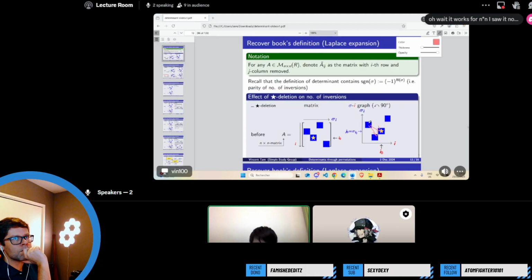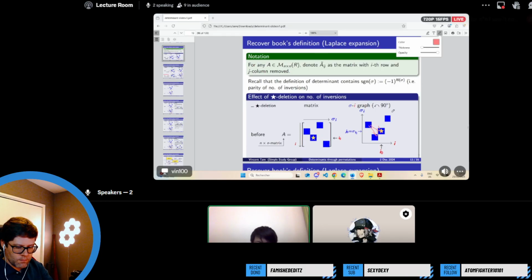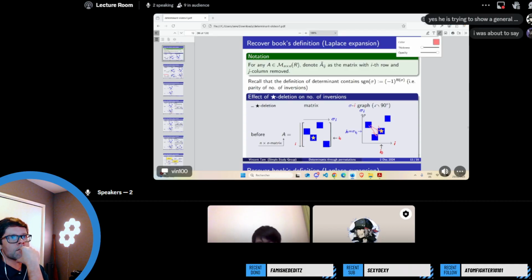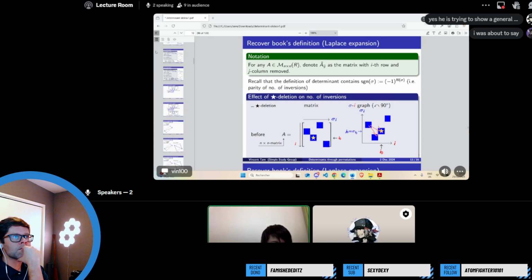So here you see 1, 2. So here n of sigma is equal to 2. So the sign of this permutation is positive 1. This is basically the graphical intuition.